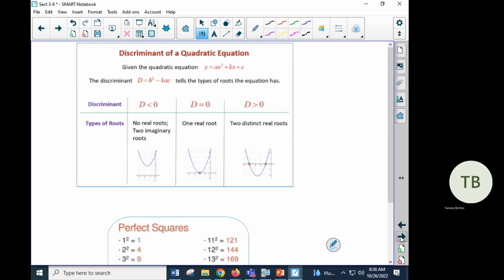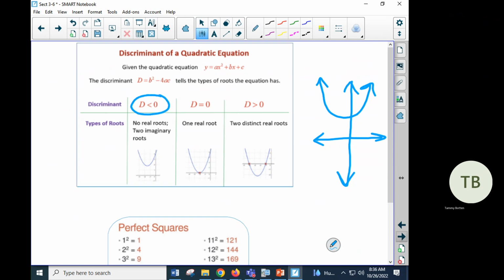So here is what happens once you find that discriminant. If you get a negative number, that tells you when you graph it, remember, where it crosses the x-axis is your real x answers. If your graph is up above and it doesn't touch the x-axis, that means you have imaginary solutions. And that's what this is saying.